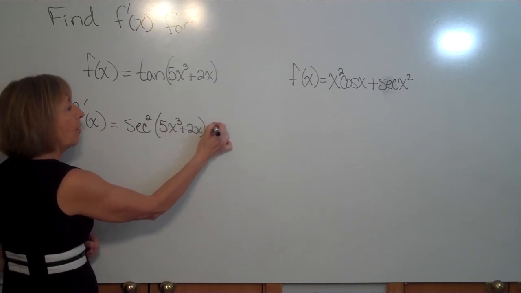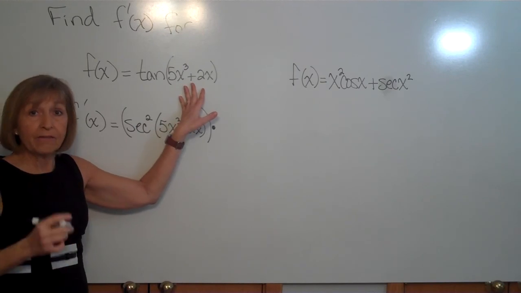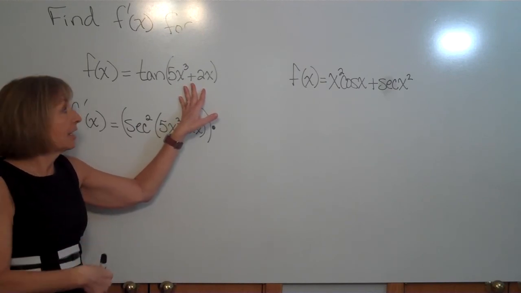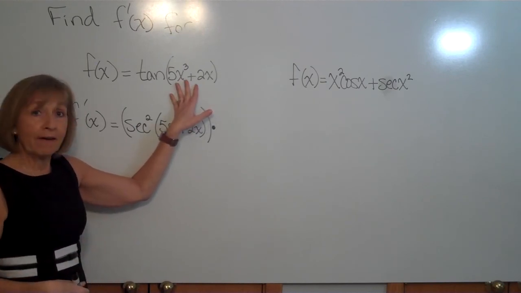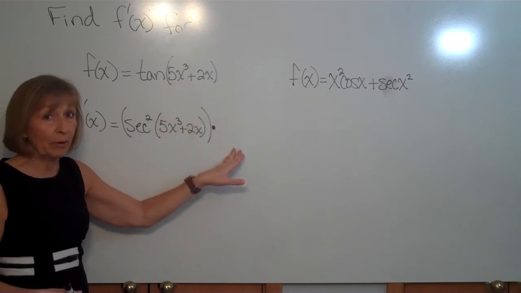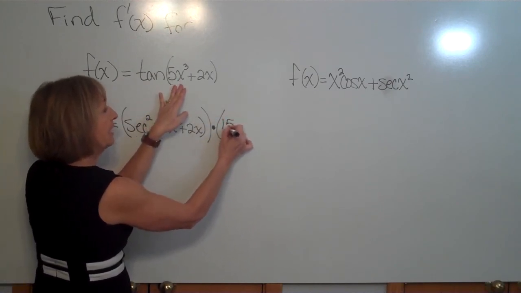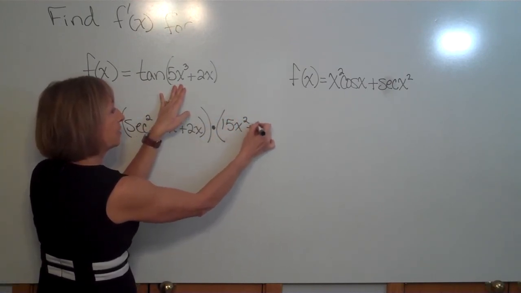And then I multiply that by the derivative of the inside function. So the derivative of 5x cubed plus 2x, well, that's more than one term, so I need to keep parentheses around it. So that's going to give me 15x squared plus 2.